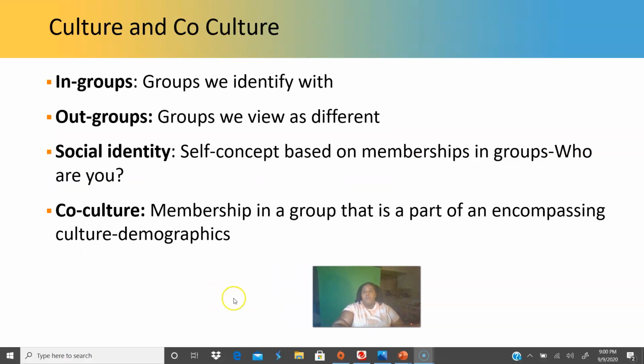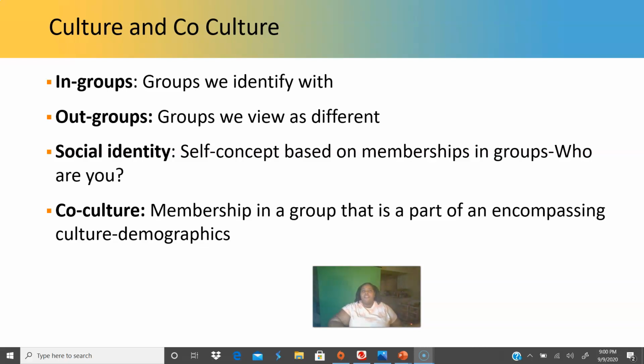Next, just to go into these terms a little bit earlier, I just talked about them in the first slide. The in-groups are the groups that we identify with. So, for example, and the jury might be out on this designation, but I've been in Southern California for 15 years.